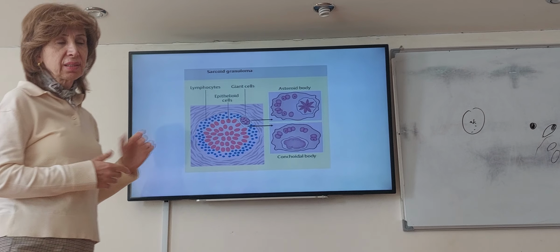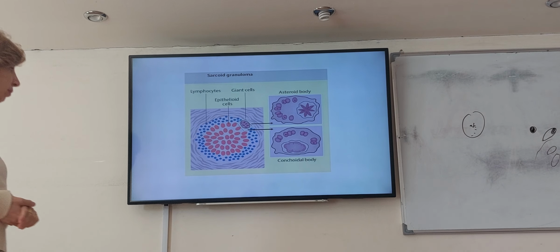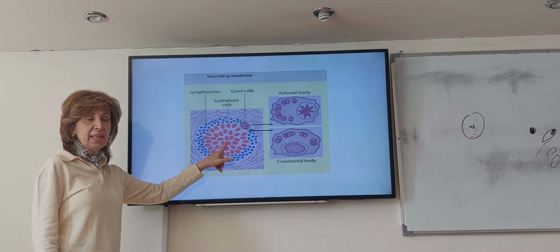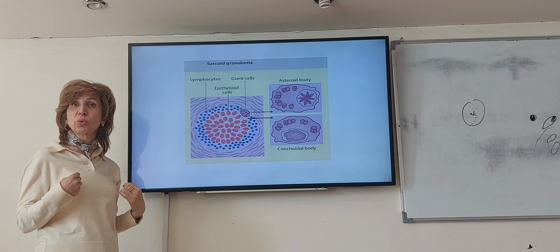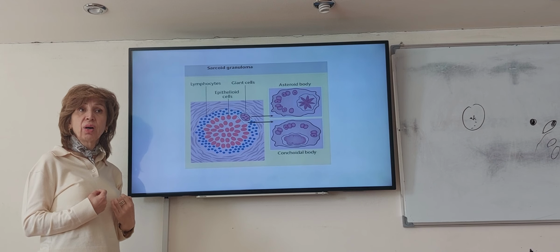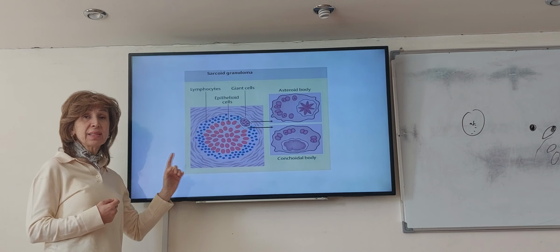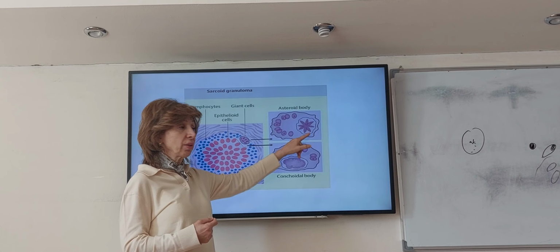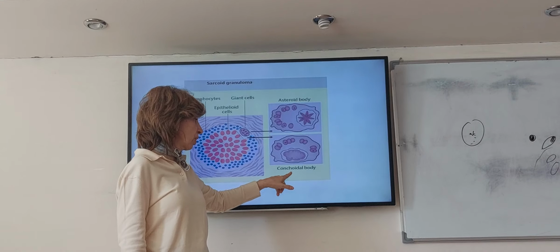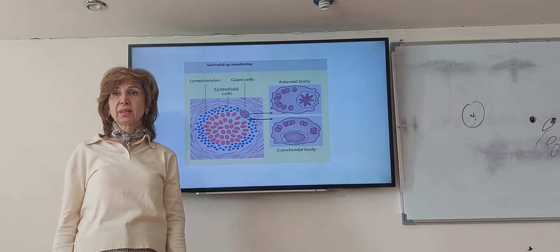Now look at this sarcoidal one. What do you see? No necrosis. Very thin ring, so it's a naked granuloma. It doesn't have a coat of lymphocytes. Now you can see multinucleated giant cells, and sometimes I see asteroid bodies, and sometimes Schaumann bodies, calcifications with conchoidal bodies.